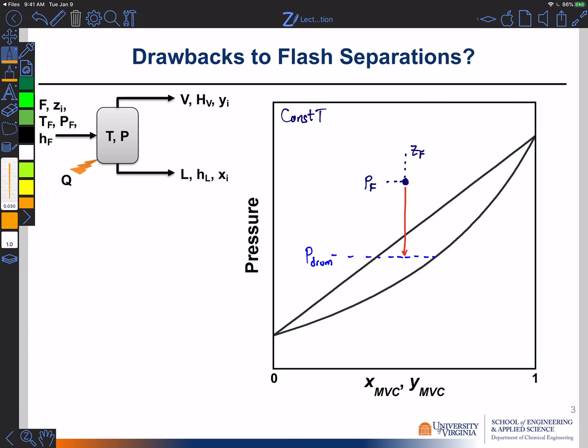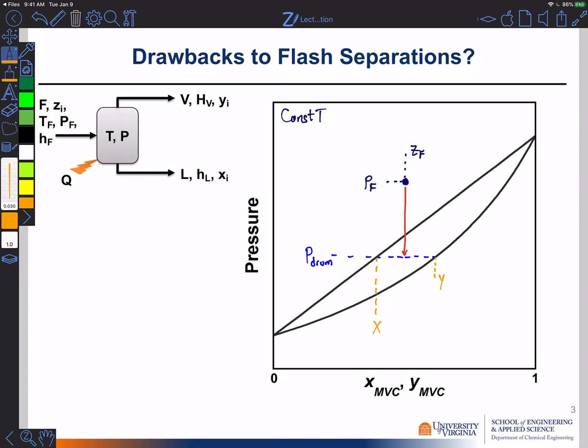And so we go from a liquid that has some composition ZF to now generating a vapor that has some composition Y, and we notice that Y is larger than ZF. So we have enriched the more volatile component in the vapor phase, and likewise it becomes somewhat depleted in the liquid phase.